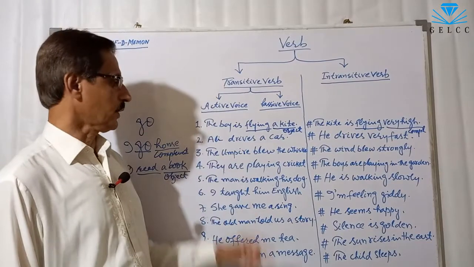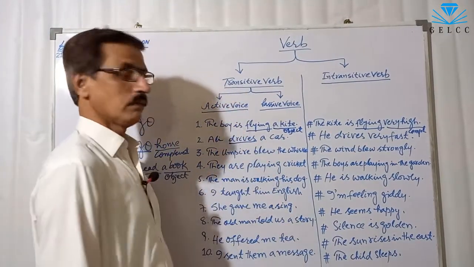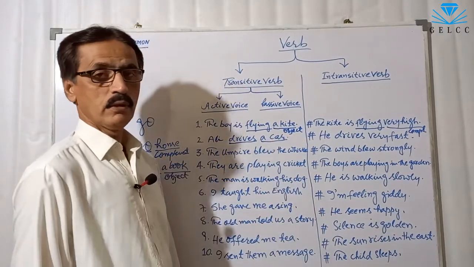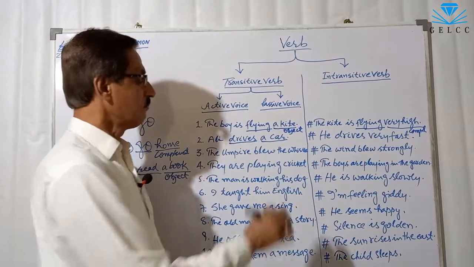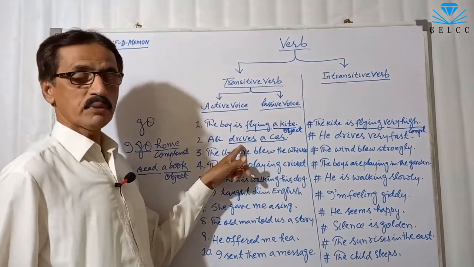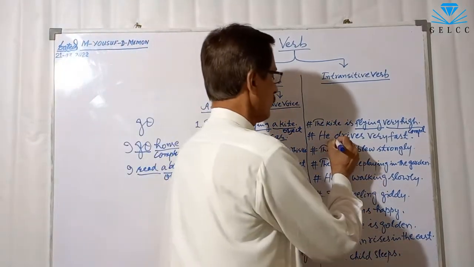Now look at second sentence. Ali drives a car. What does Ali drive? A car. So here the verb drives is transitive. Now in the second sentence.